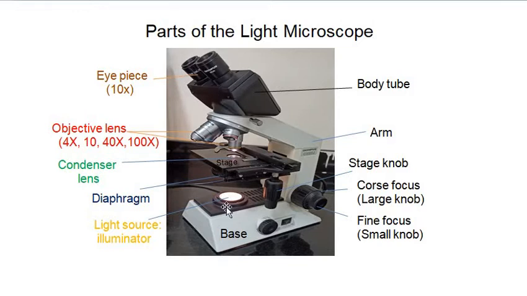When light enters, the diaphragm controls the intensity of light and it passes through the condenser lens. The condenser lens focuses the light onto the specimen slide, where the light passes through the specimen.